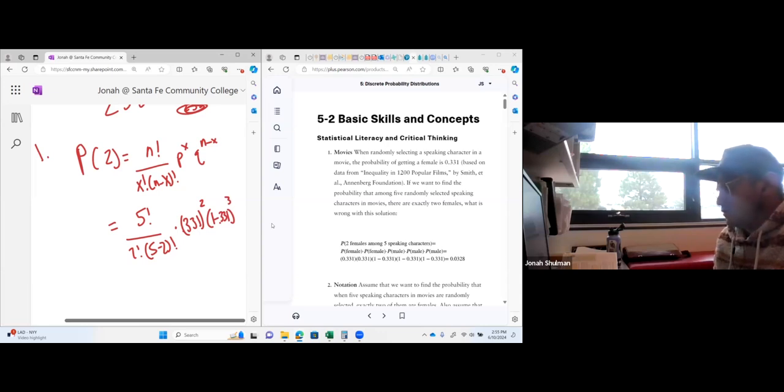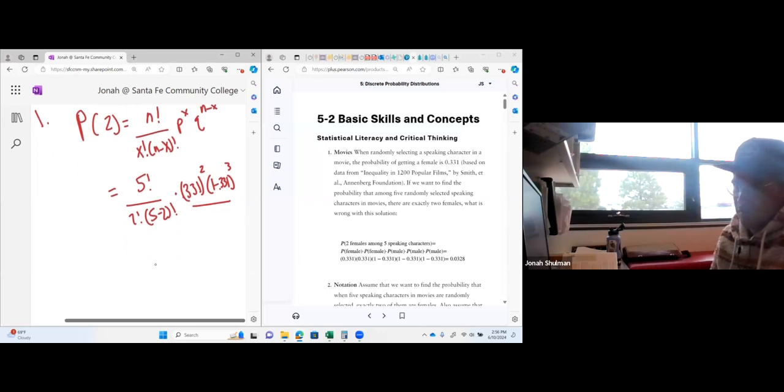So we have this piece, right? This is the end, but it's not accounting for all the different combinations that can happen. So that's the problem with the formula. But we can make this work. So 5 factorial is just 5 times 4 times 3 times 2 times 1, or 120. 2 factorial, and then we have 5 minus 2, which is 3 factorial.